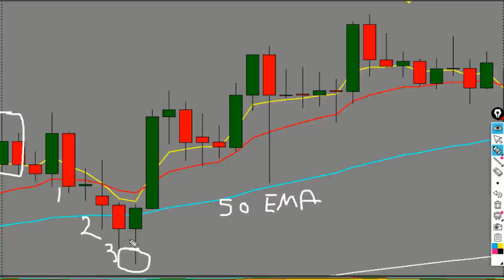if I still remember, I don't remember correctly, but there's something called three soldiers and three crows. I don't exactly remember what is being said about the three soldiers. Price moves 1, 2, 3 red candles, you now look for sell. If you see 3 green candles, you buy. Something like this. These are called three soldiers.